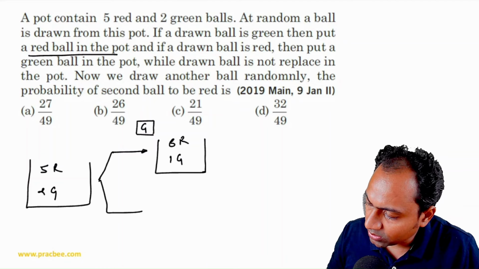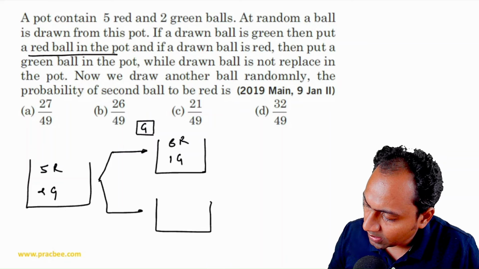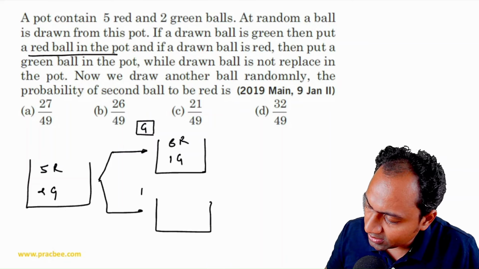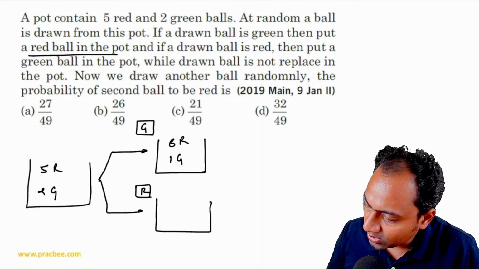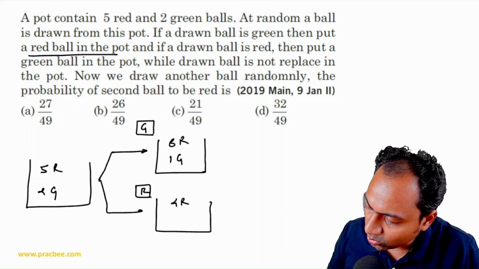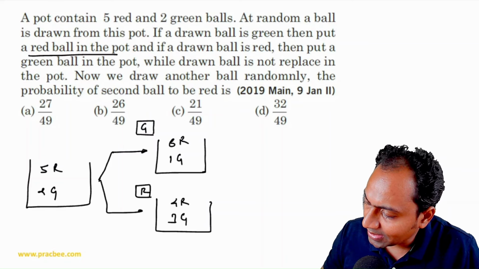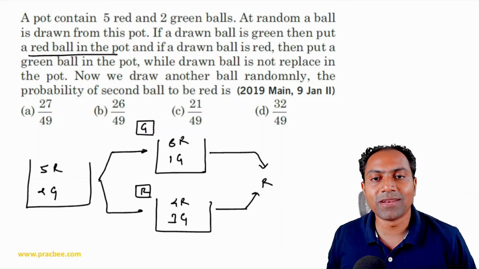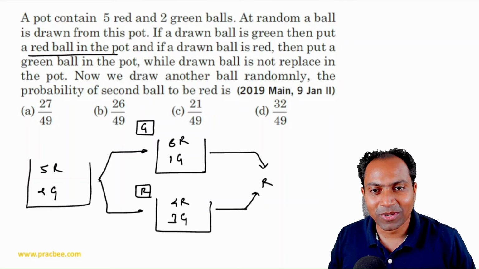Another scenario that they are talking about is when they are choosing a red ball. Now in this scenario, your red ball will reduce by 1, and they are going to add 1 more green ball into it. Now what they are asking is, if another ball is chosen randomly, what is the probability this next ball is red? You can see that it is clearly a question of total probability theorem.